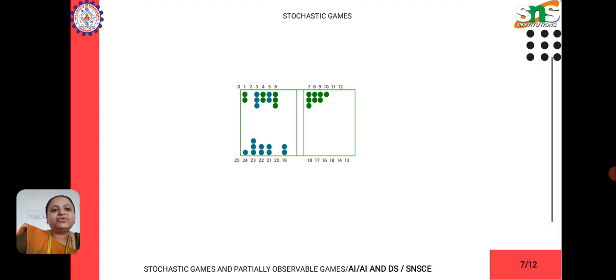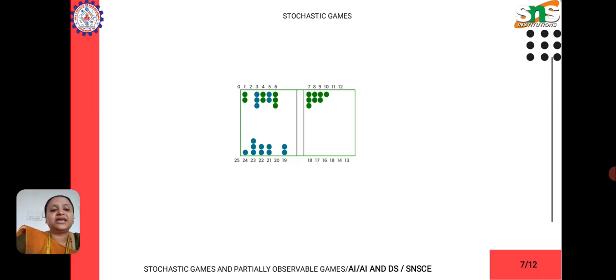The arrangement of the black and white coins will be the same on both sides. If the white coins are allocated at 13 and 14, the black coins will be allocated at 11 and 12. The white coins move in the clockwise direction and the black coins move in the anti-clockwise direction. This is how the process works in the backgammon game.